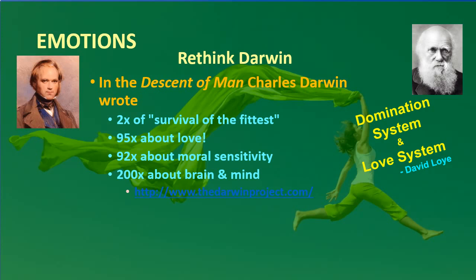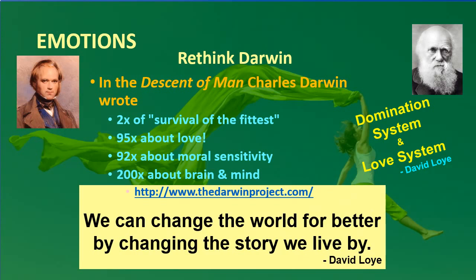So we need to actually rethink Darwin. There's a website at the Darwin Project headed up by David Loy. If you're interested, it can give you more information on that. Loy says we can change the world for better by changing the story we live by. That will become more clear as we talk about positive thinking in the upcoming weeks.